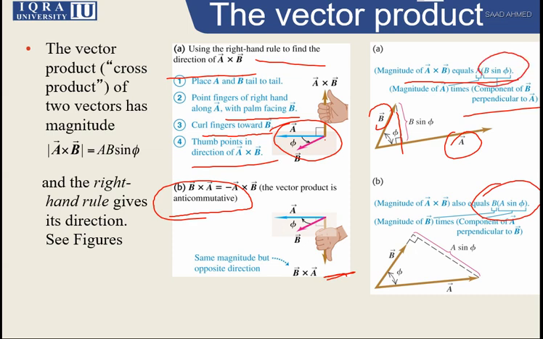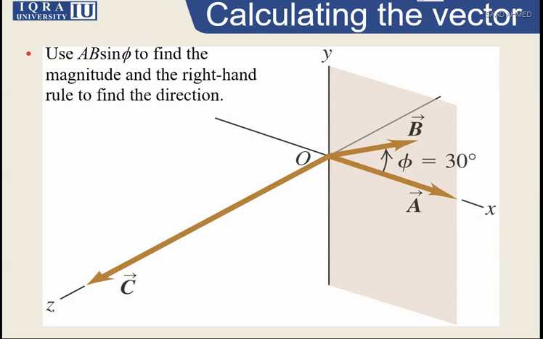Here it was AB sine theta, and here it's BA sine theta. So simply put the vectors tail to tail and calculate from this point A sine theta. Use AB sine theta to find the magnitude and the right hand rule to find the direction.